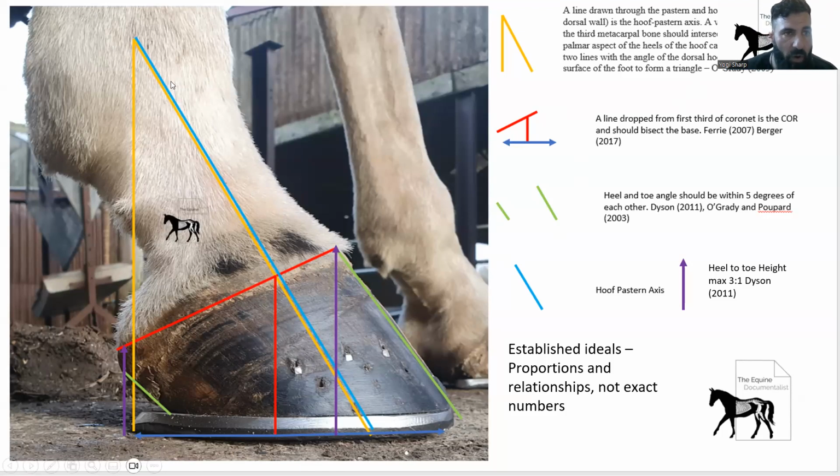So we want to have a straight hoof pastern axis, or a relatively straight hoof pastern axis, within a few degrees. And then we want to have the base of our shoe being fitted around the center of rotation. Now, the center of rotation is the middle of the distal condyle of the middle phalanx, right? You can't see that, but we have a method of knowing where that is externally, and I'll show you that in a minute.